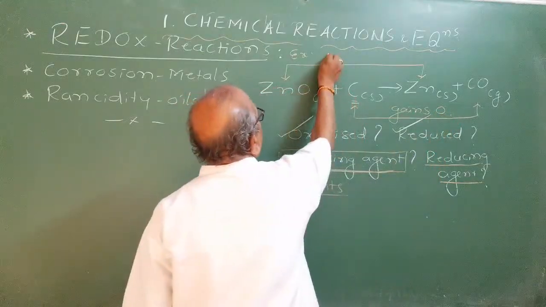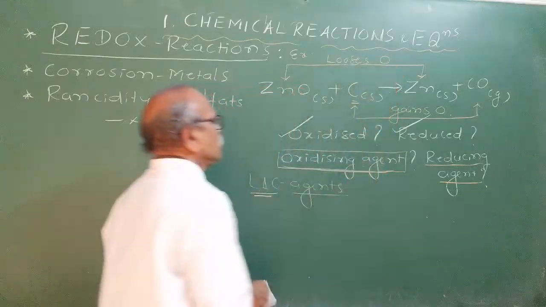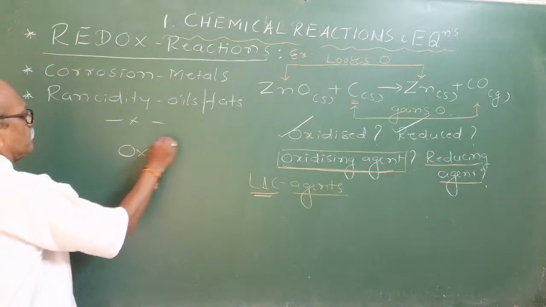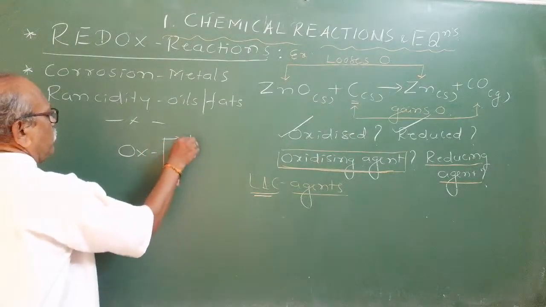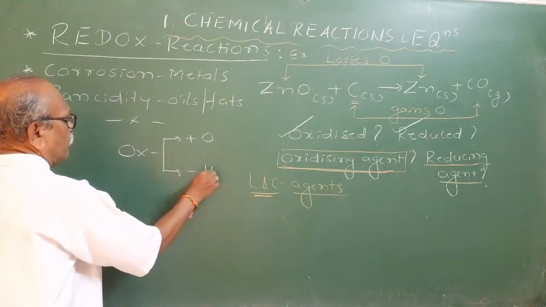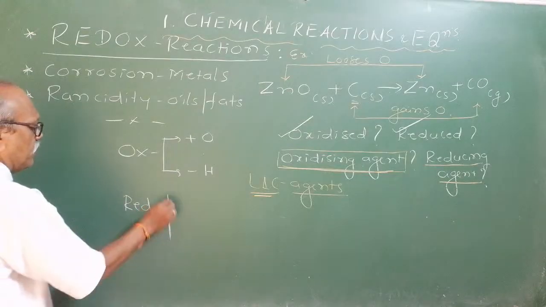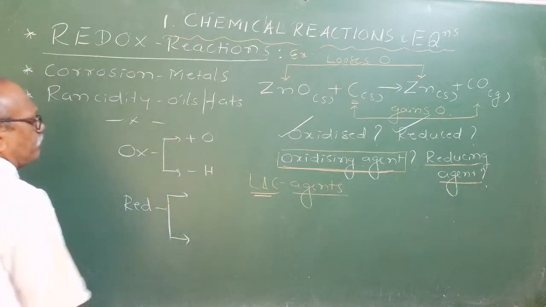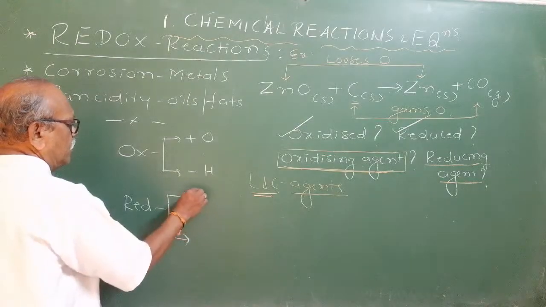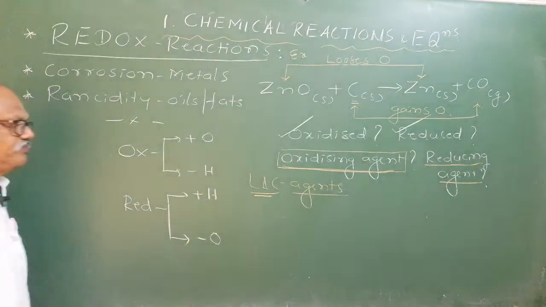Here zinc oxide loses oxygen. We said that oxidation can be memorized as addition of oxygen is oxidation, removal of hydrogen is oxidation. Reduction can be simply memorized as addition of hydrogen, removal of oxygen.